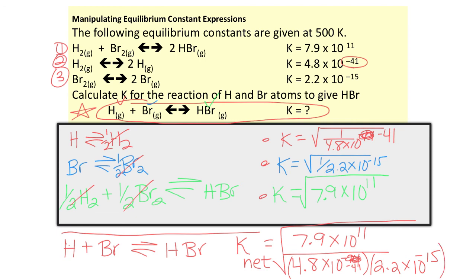So we put that all into our calculator and we get 2.7 times 10 to the 33rd. Hopefully this looks a little familiar because this is a lot like Hess's law. We did stuff very similar to this with delta H previously.